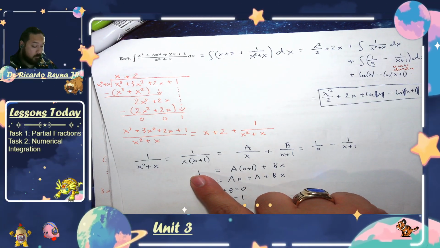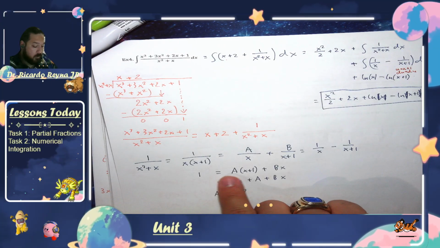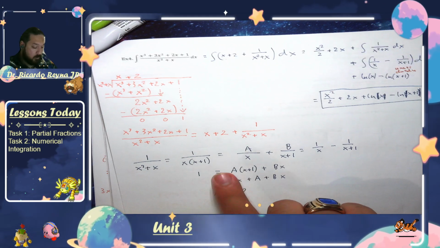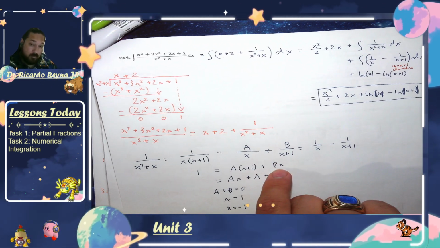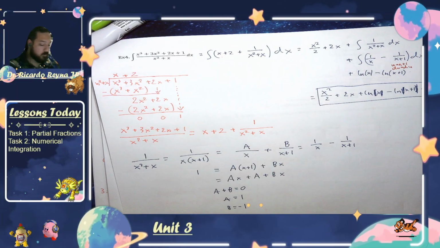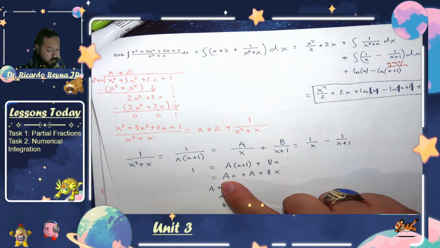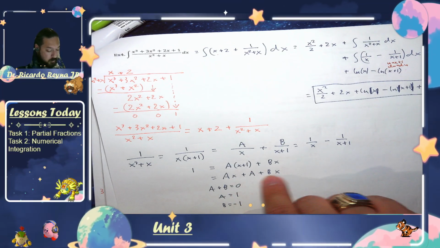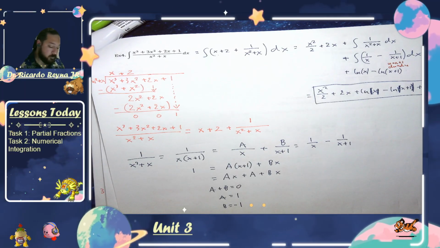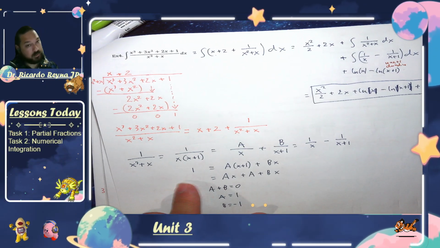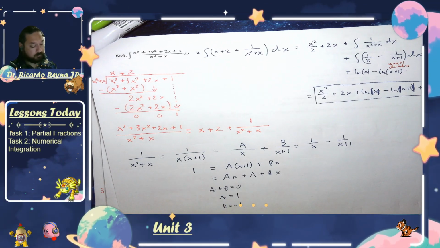Multiply both sides by the denominator, we get 1 is equal to A times x plus 1, and then B times x. Distributing that, you have Ax plus A plus Bx. A plus B is equal to 0 and A is equal to 1.